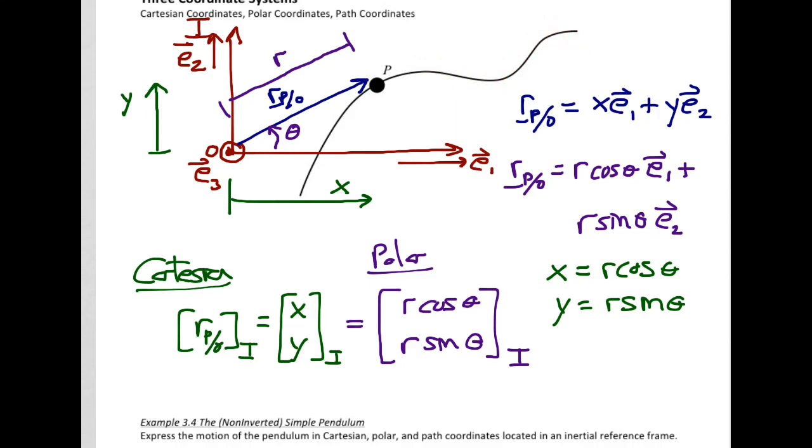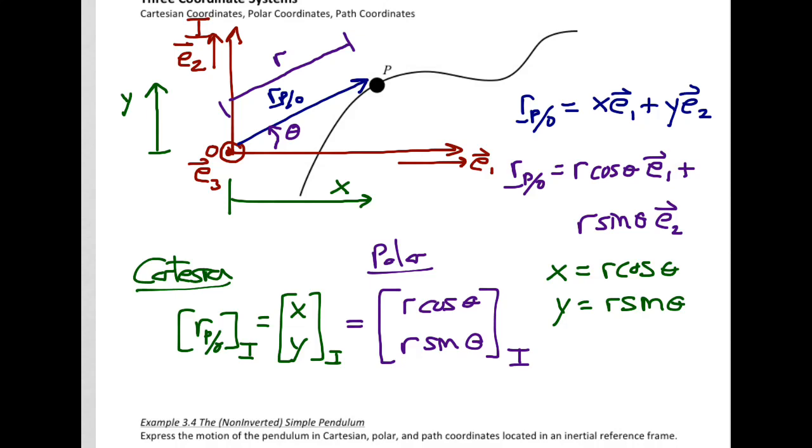Now this brings us to our last coordinate system, which is a path coordinate. Path coordinates behave very differently than Cartesian coordinates and polar coordinates. The main difference is that in a Cartesian coordinate system or a polar coordinate system, we need two coordinates for each of those. For Cartesian coordinates, we need an x and a y. For a polar coordinate system, we need an r and a theta to define the position of that particle at every time point.